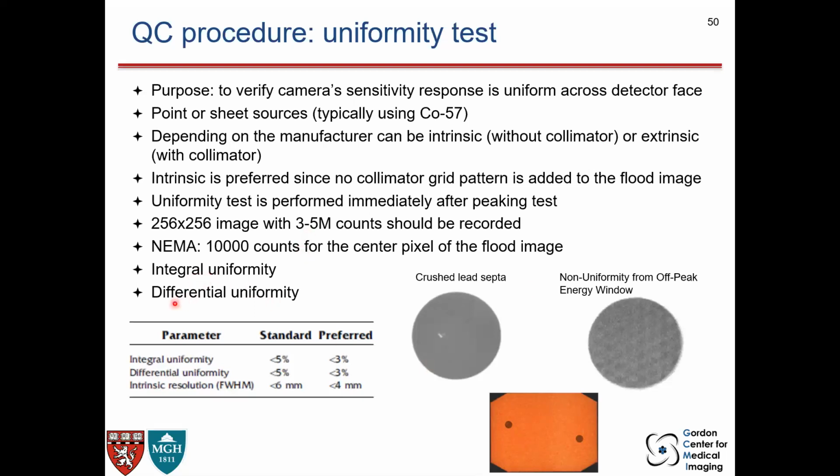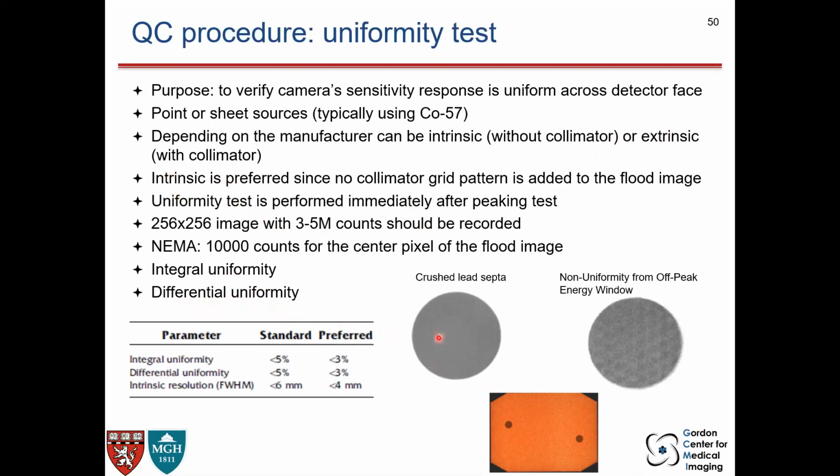And what you also do is the integral uniformity and differential uniformity. I'm going to show you in this image what they mean. So remember the intrinsic resolution that I said, that's why it's important to do intrinsic rather than extrinsic. So this is a crushed lead septa.